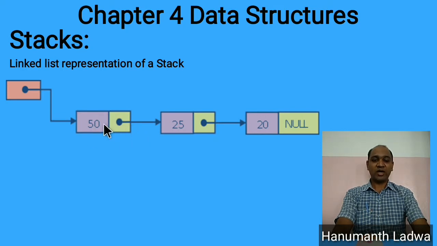Data is the element or data item, that is the actual value, which is linked to the other node. The first one is the data part and the second one is the address part, or link or reference part. And you can see here it is null, which means this is the last node which is not pointing to any other node.